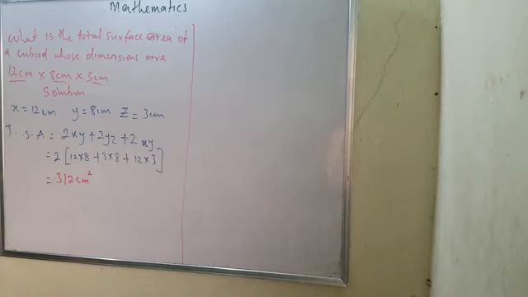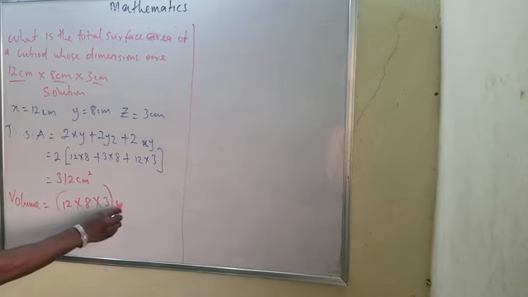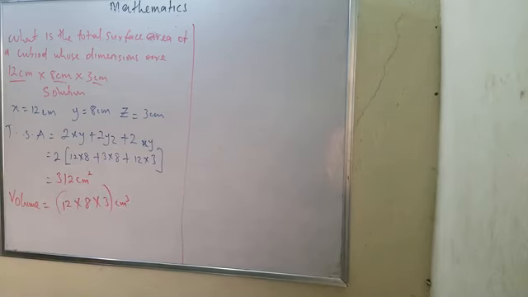That is all. The same thing applies likewise to my volume. If I have to find the volume, if it is not included in the question, it means the volume of this particular solid shape will be equal to 12 multiplied by 8 multiplied by 3, which is in centimeter cubed, and that is all I need to have.